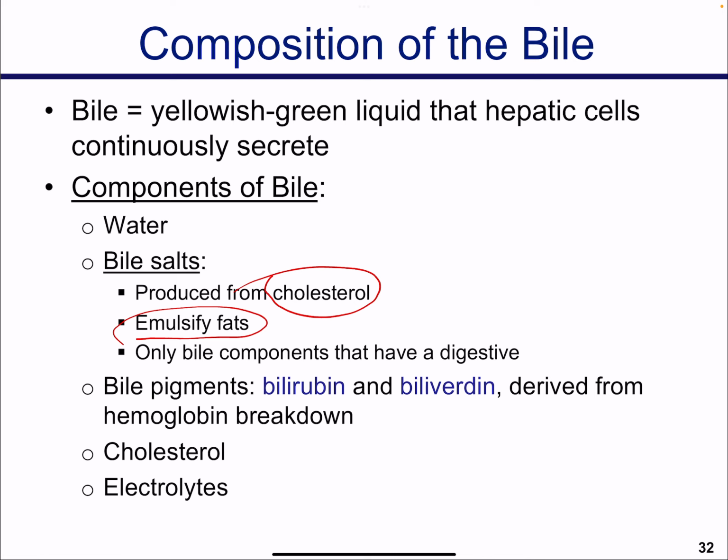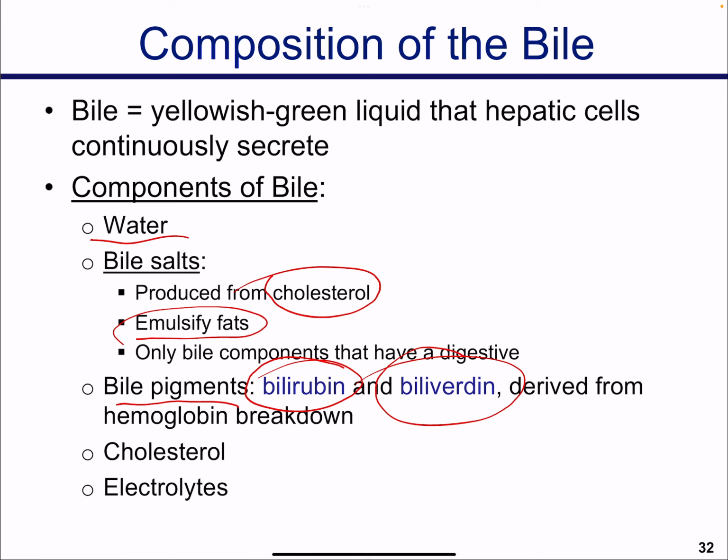And this fat that is emulsified is now in a form that can be soluble in a water-based environment so that the lipases can do their job, right? Now, in the bile, you're going to have water, okay? And you are also going to have some pigments, including bilirubin and biliverdin, which are byproduct of hemoglobin, right?